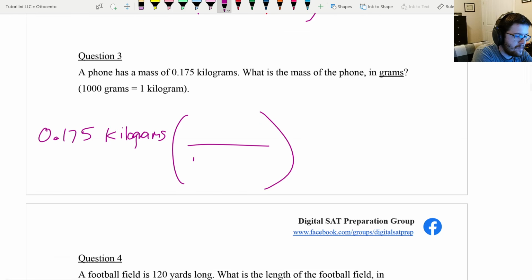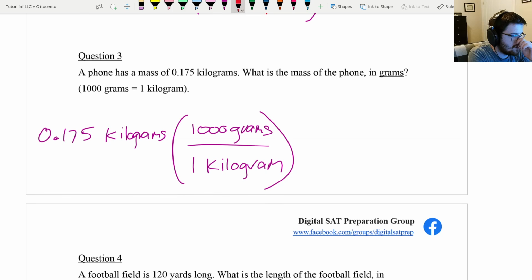I'm going to put 1 kilogram on the bottom and 1,000 grams on the top. Do I have something on opposite sides of the division sign that cancels? Yep, kilograms are the same on both sides, so those go away, and we're left with grams, which is what we want.